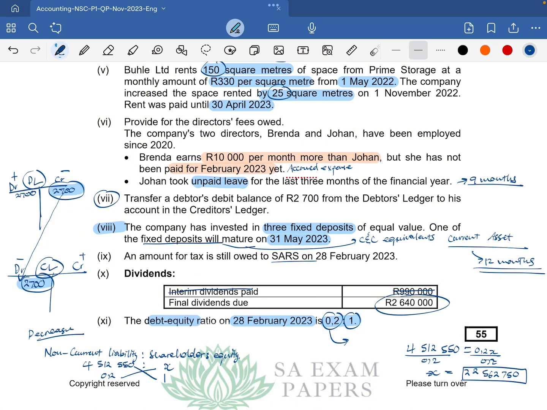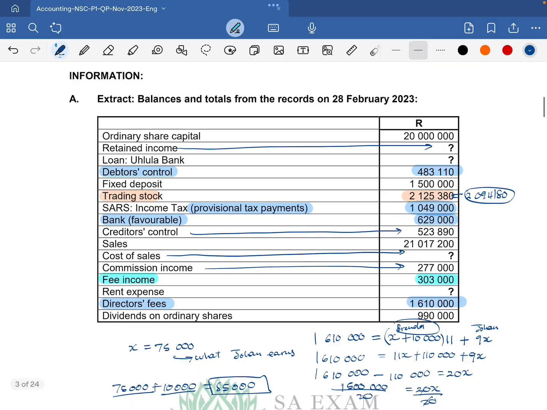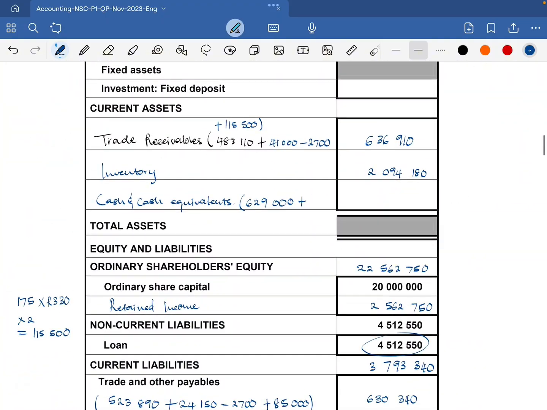Now we have 3 fixed deposits. Let us look at our fixed deposits here. Fixed deposit 1,500,000. There's 3 of them. They are all of equal value. So it's 1,500,000 divided by 3, and that is 500,000 per fixed deposit. So one of these matures, so the 500,000 then goes to our cash and cash equivalents.